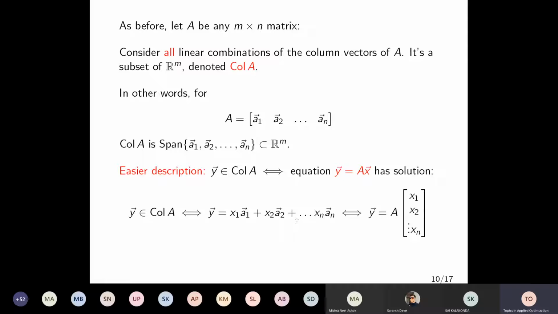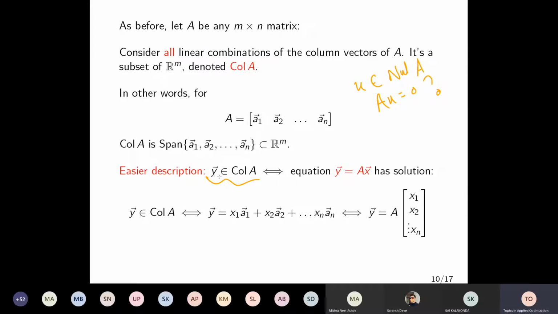So how do we know a vector is in the column space of A? Previously we were talking about the null space, so if u is in the null space of A, the way to check is whether Au equals 0.